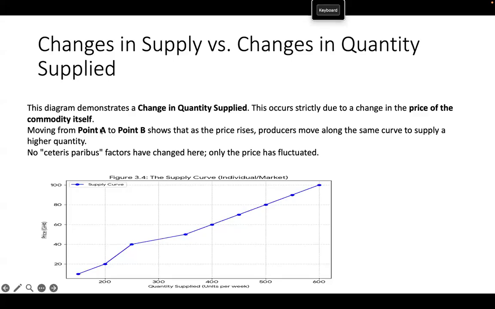So the change in quantity supplied occurs strictly due to changes in the price of the commodity itself. The movement from point A to point B shows that as price rises, the producers move along the same curve to supply a higher quantity. No other factors have changed here. Only the price affects the quantity supplied.